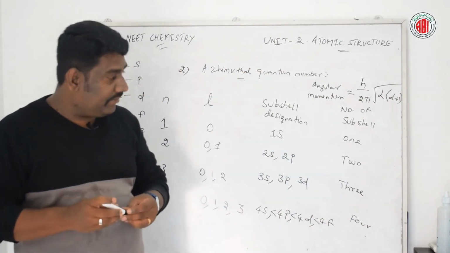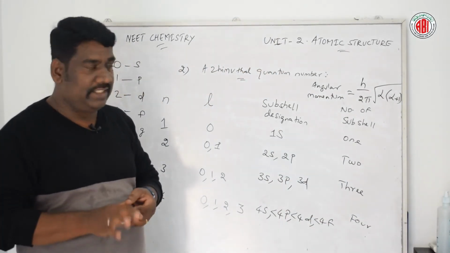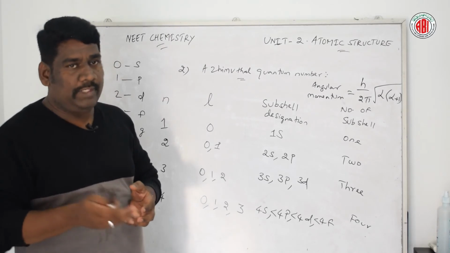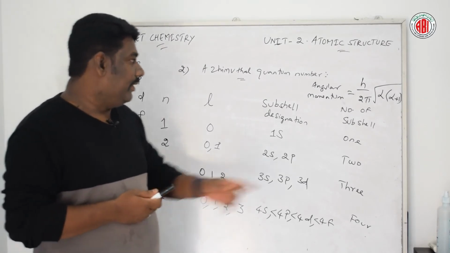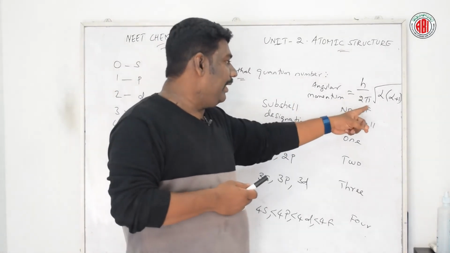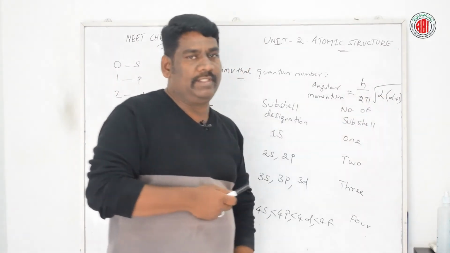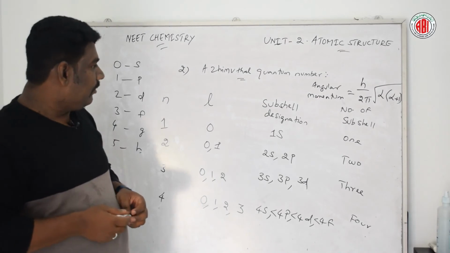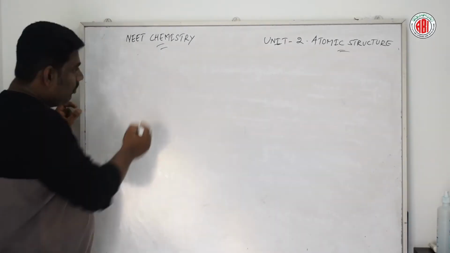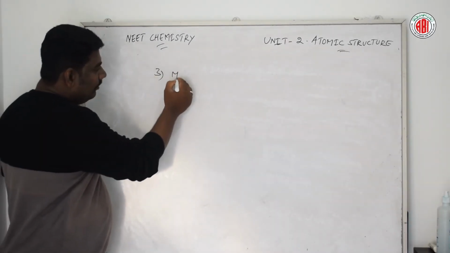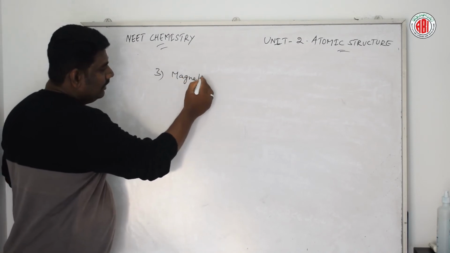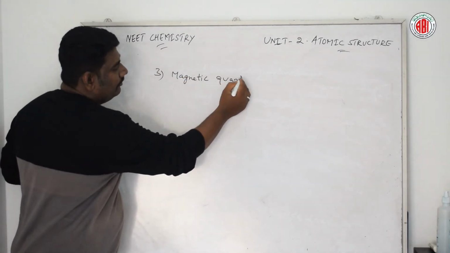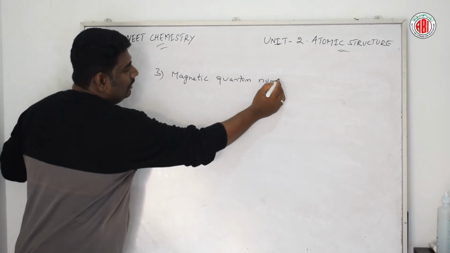So this is the formula we use to find the angular momentum. So this is about the azimuthal quantum number. Now number 3, we are going to discuss the magnetic quantum number.